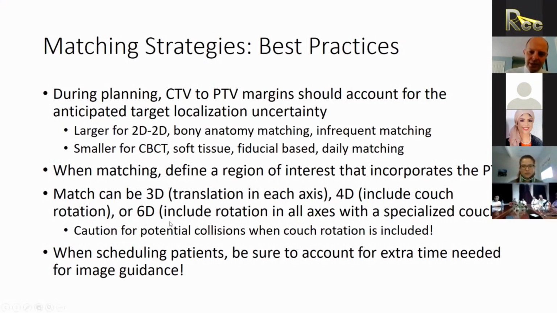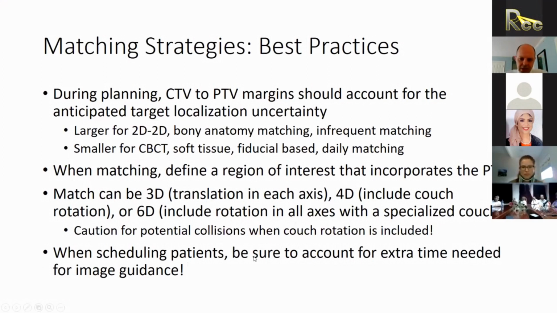Or it could be 6D if you have a specialized couch that allows you to rotate the patient in all 3 dimensions. Just a word of caution: the 4D and 6D options can be useful, but you have to be very careful about potential collisions. You may be just fine with no rotations applied, but once you apply some rotations, there could be a potential couch collision. So that's just a word of caution.